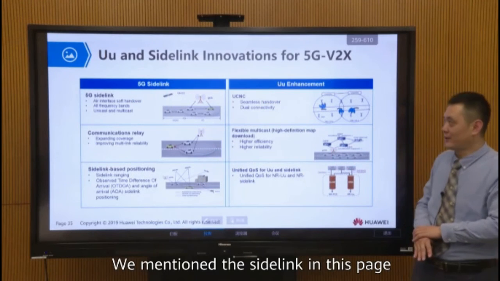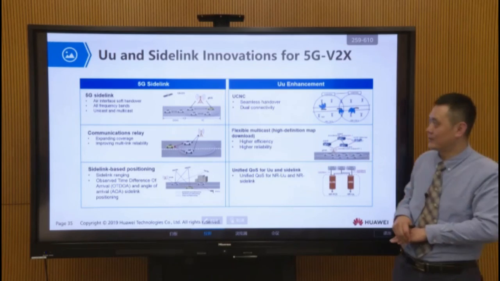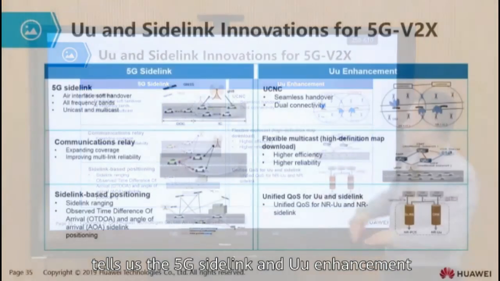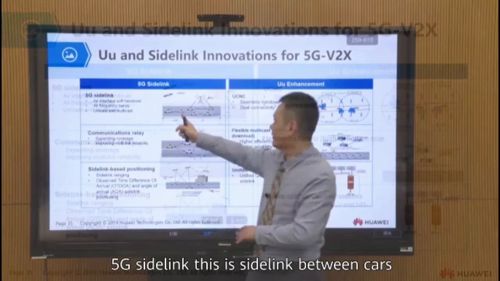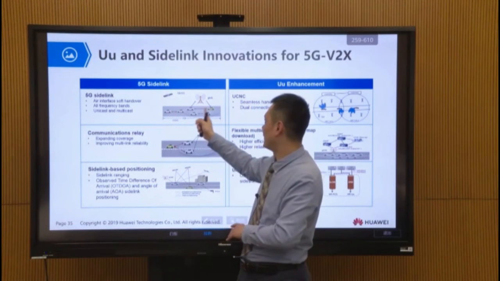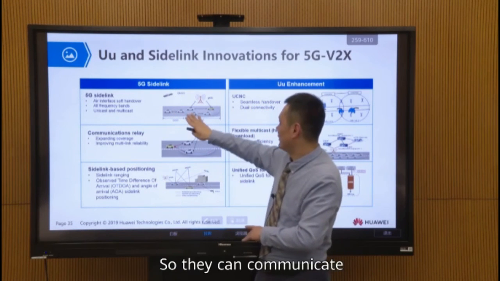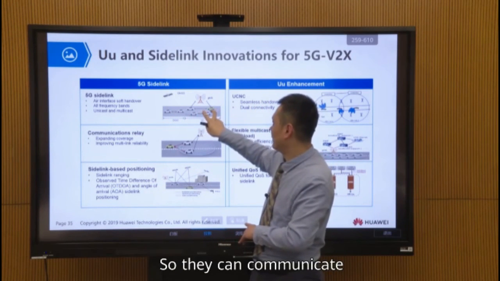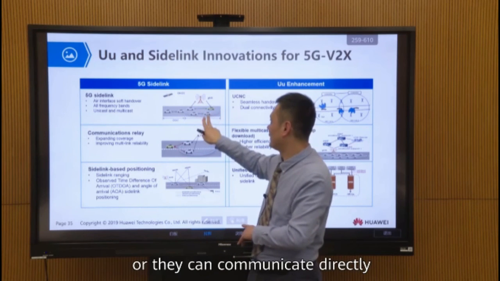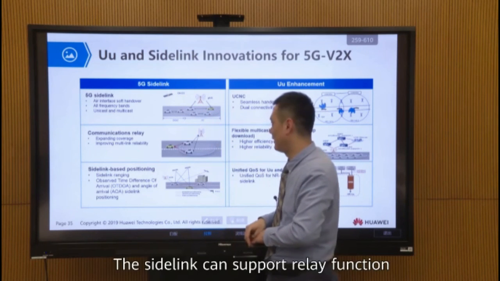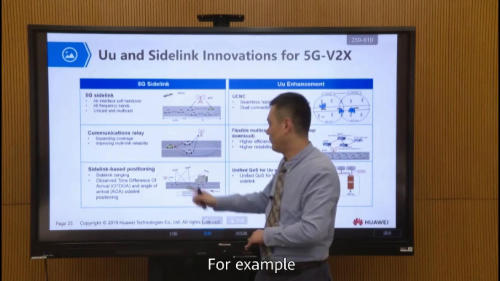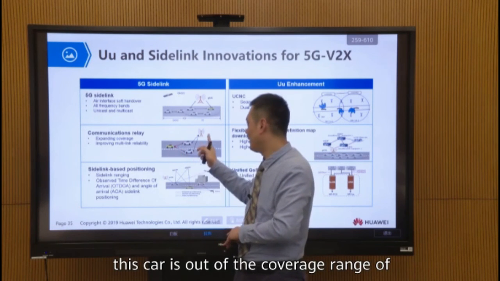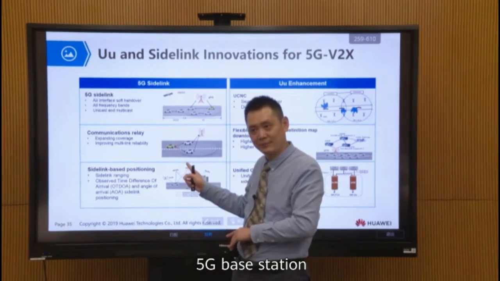We mentioned the side link, and this page tells us about the 5G side link and the UU enhancement. This is a side link between cars. They can communicate through the network, or they can communicate directly through the side link. The side link can support the relay function. For example, this car is out of the coverage range of the 5G base station.